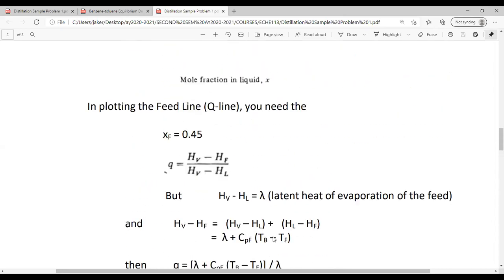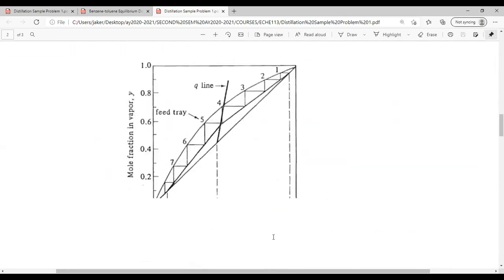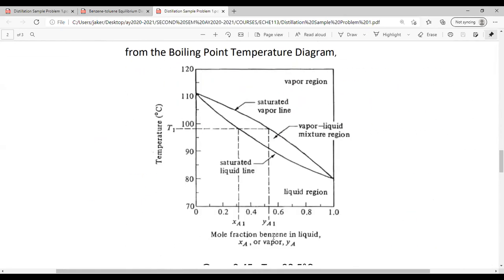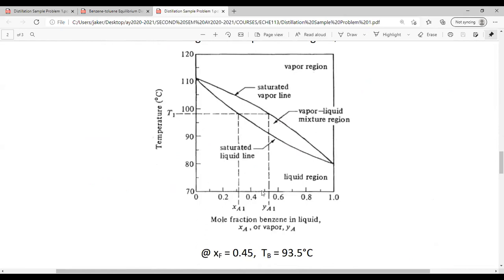You look for, in this case, our feed, which is 0.45. No need for me to go up. So you look for 0.45 and you go up and you stop in here, rather in here, the saturated vapor line, and read this one. That would be the boiling temperature of your feed based on the 0.45.